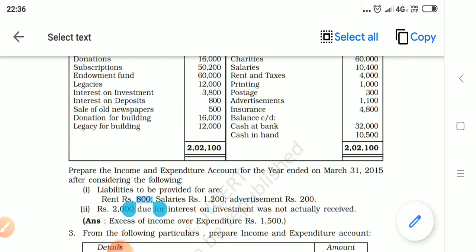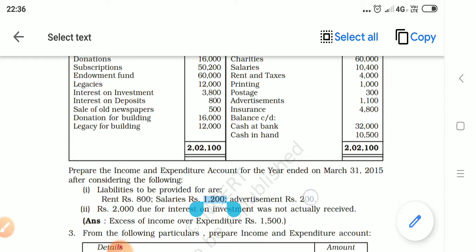So 4,800 will appear in the expenditure side, and this 800 will appear in the liability side of the balance sheet. Similarly, salary 10,400 plus 1,200, 11,600 expenditure side, and 1,200 will appear in the liability side of the balance sheet.